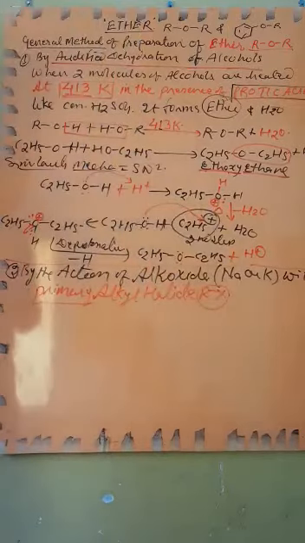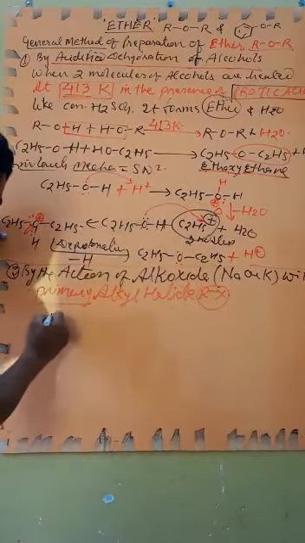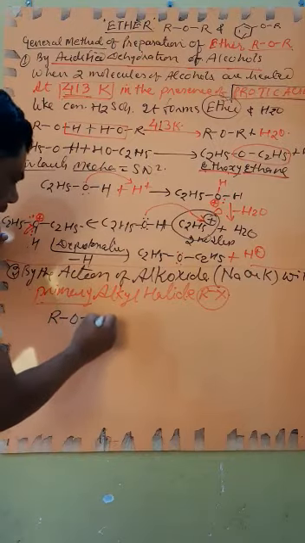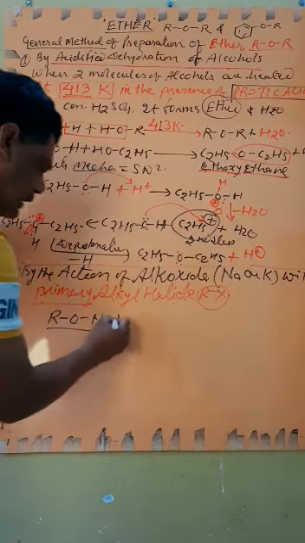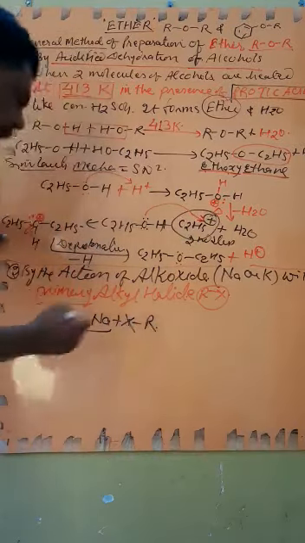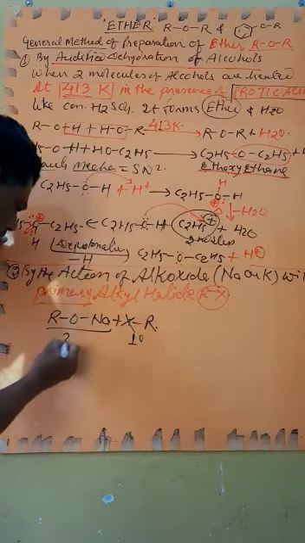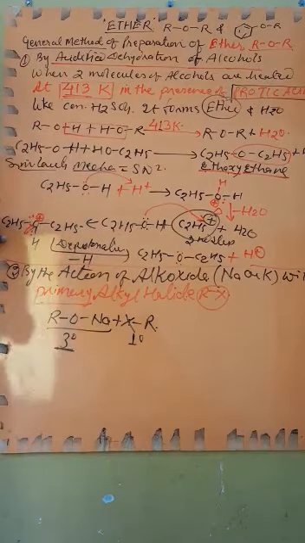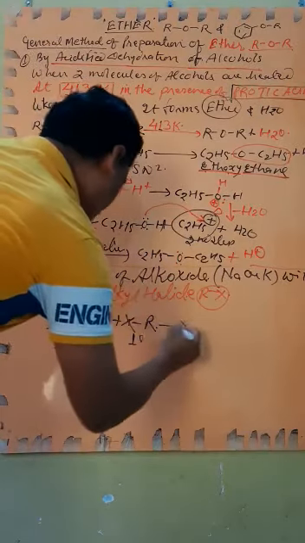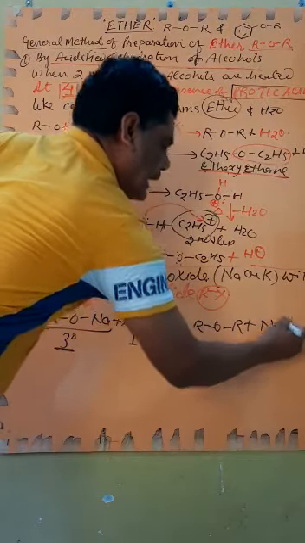This is a primary alkyl halide. Get it? So this is RONa, that is sodium alkoxide, plus XR, that is alkyl halide. Remember, it must be primary. It should be anything, even you can take here tertiary alkyl halide. So it forms ROR plus NaX.